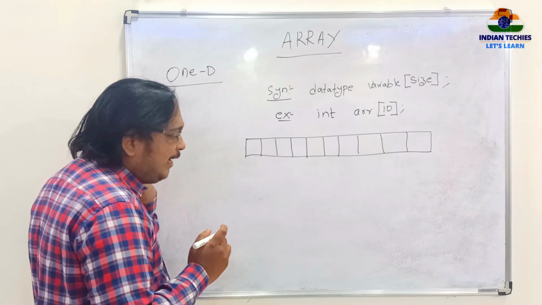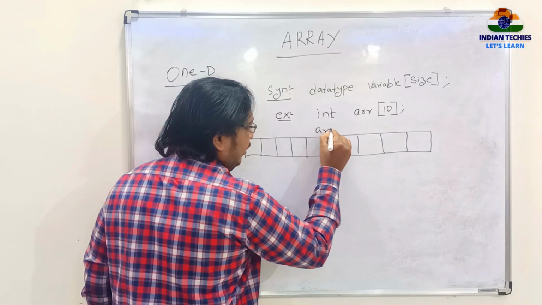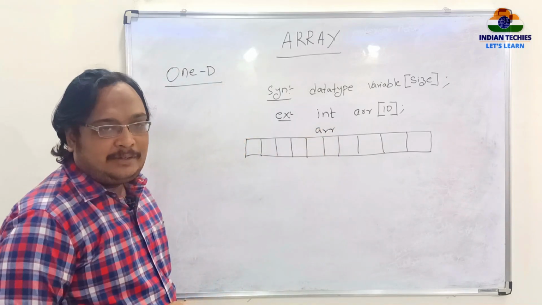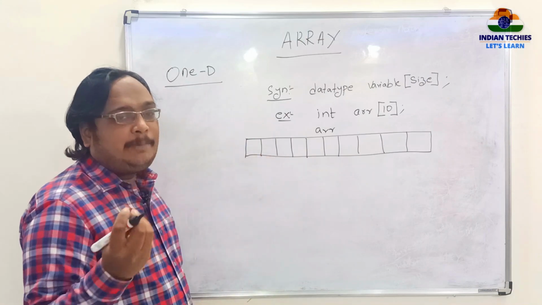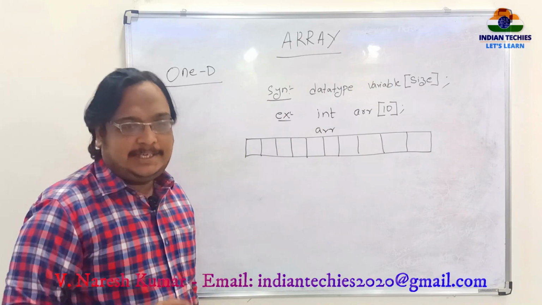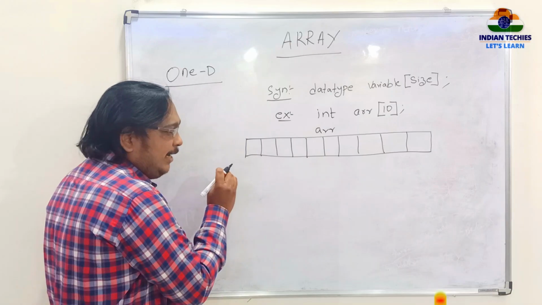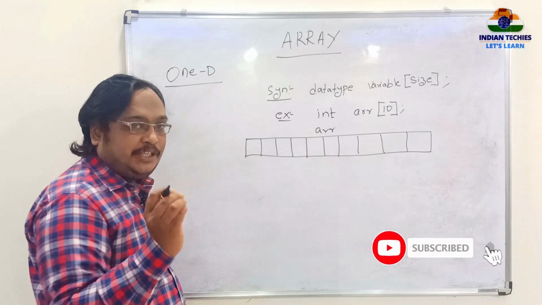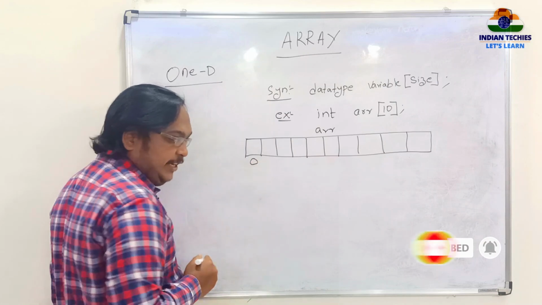Now, after allocating, the name of this total array is ARR. For each and every variable, for the purpose of accessing, the array assigns an index number, a position. The array always allocates position numbers starting from 0. The first variable's position will always be 0, remember.